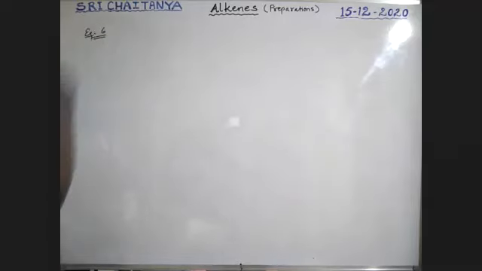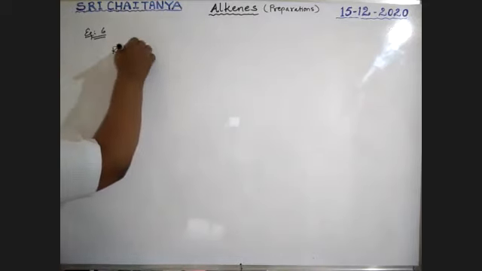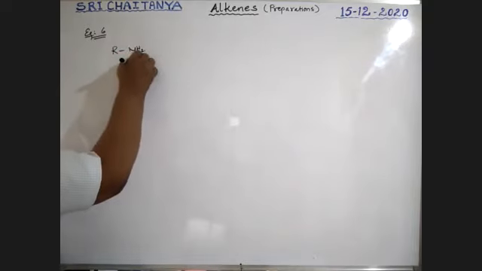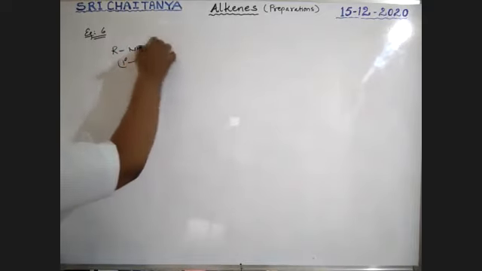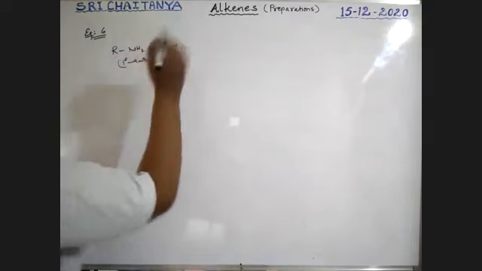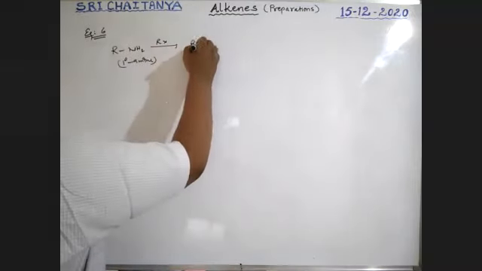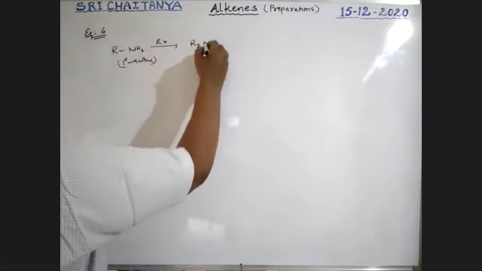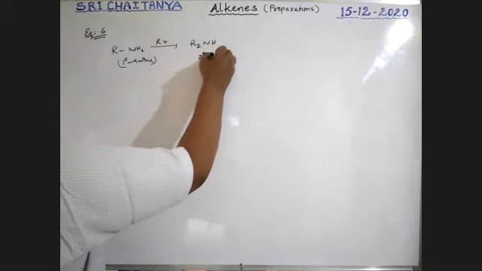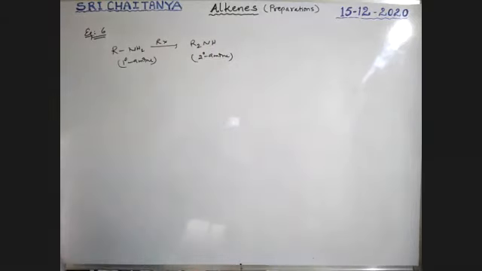I am trying to prepare the tertiary amine oxide. See here, it is a primary amine. When primary amine reacts with alkyl halide, the first mole gives R2NH. It is a secondary amine.